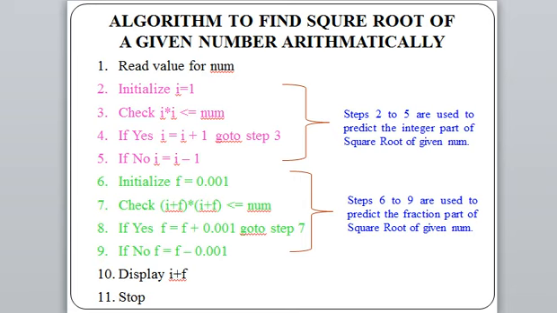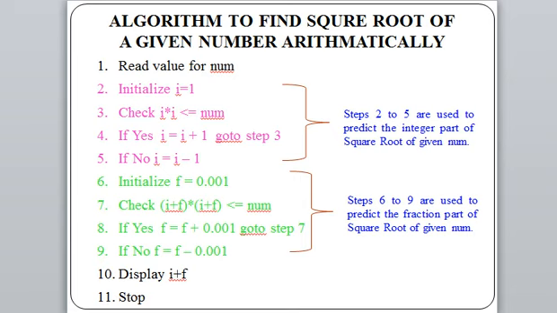Let us go through the algorithm to compute the square root of a given number arithmetically. There are a few steps mentioned in the algorithm. Initially we have to read a value for computation of the square root. Then we have to predict. In the case of the square root of any number, there are two parts. If it is a perfect square, you will have only the integer part.